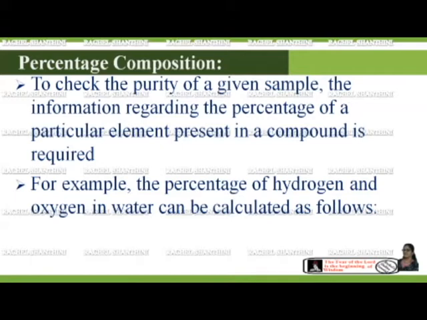Even for the known sample, we need such information to check whether the given sample contains the same percentage of elements as it is in the pure compound. So, to check the purity of a given sample, the information regarding the percentage of a particular element present in a compound is required. For example, the percentage of hydrogen and oxygen in water can be calculated as follows.